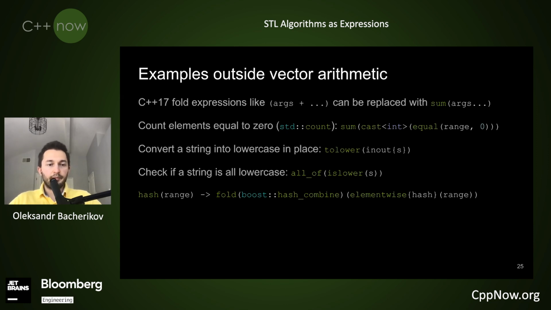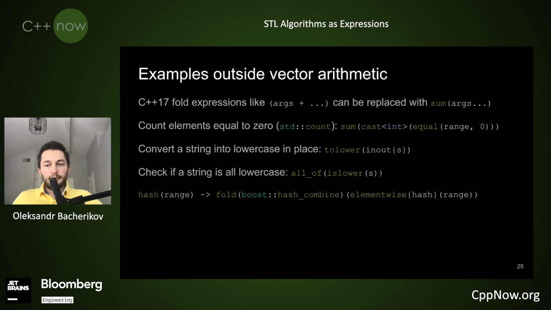Next, if you look into count, for example, we need to count elements equal to 0 in a range. What we can do is start with the equality of the range and 0.